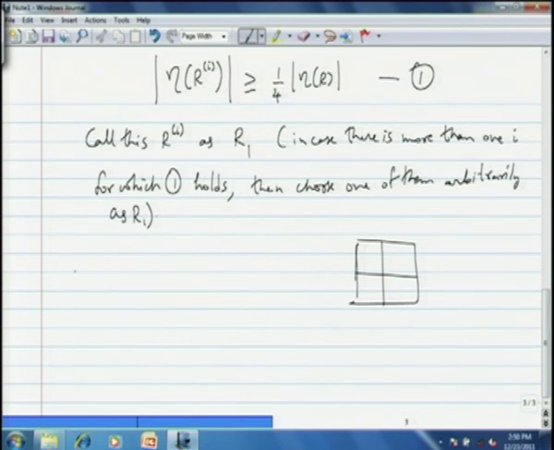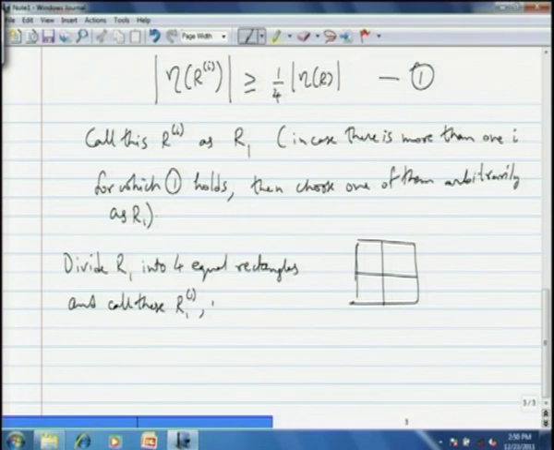Divide R_1 into 4 equal rectangles, by equal I mean equal in terms of area, and call these R_11, R_12, R_13 and R_14.